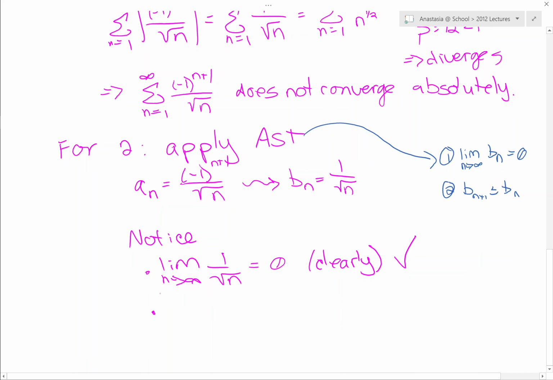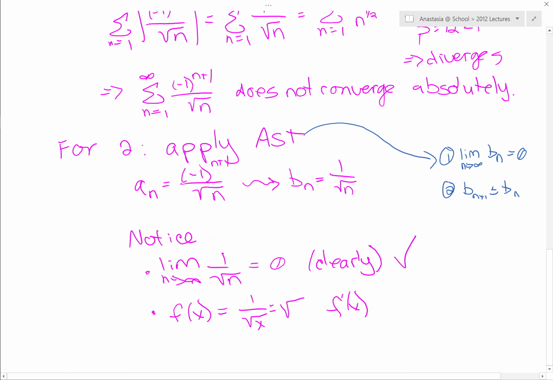The other thing is that we need to show that our terms are decreasing. Best way to do this is to look at the function with the same values and show that this function is decreasing. With calculus, we can take a derivative, show that it's negative, and we get that it's decreasing then. So this means that f prime of x, let me write it this way.